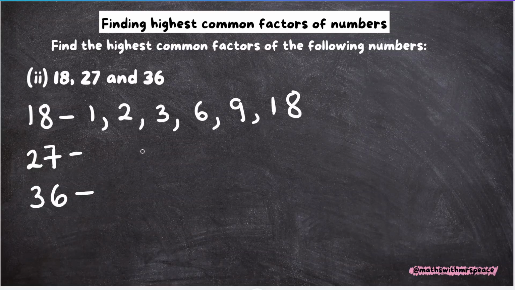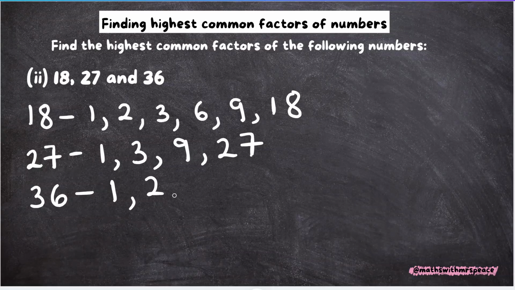For factors of 27, we'll have 1, 3, 9, and 27. And for factors of 36, we'll have 1, 2, 3, 4, 6, 9, 12, 18, and 36.